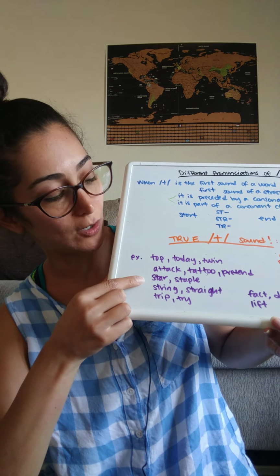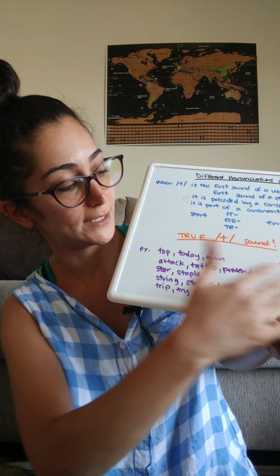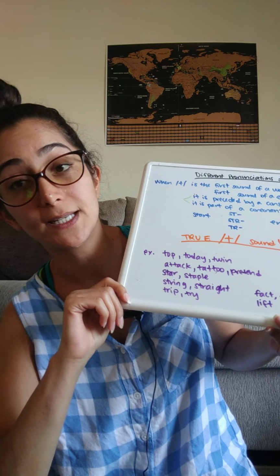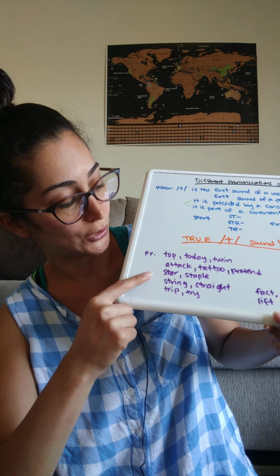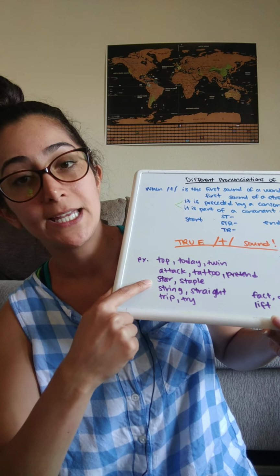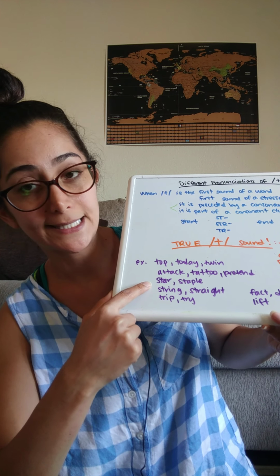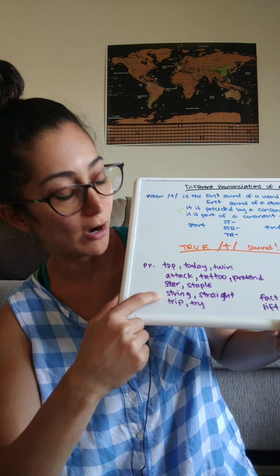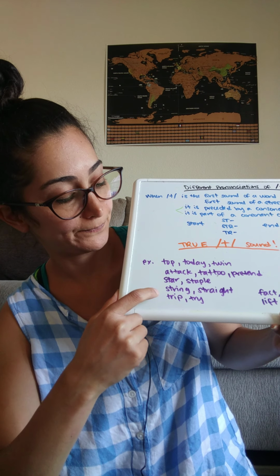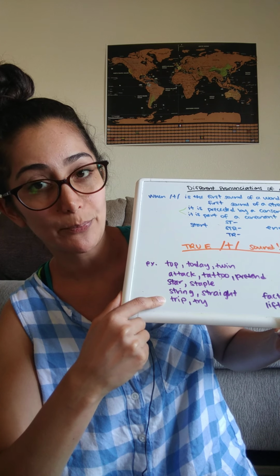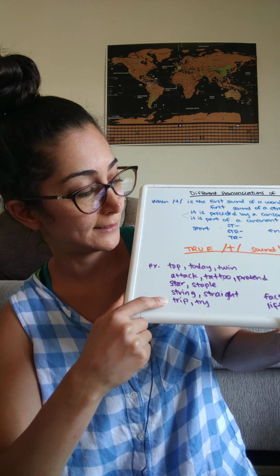Okay, when it's a consonant cluster, the rest of these words are examples of consonant clusters. Consonant clusters, two or more consonants together. So ST here, star, staple, STR, straight, TR, trip, try.